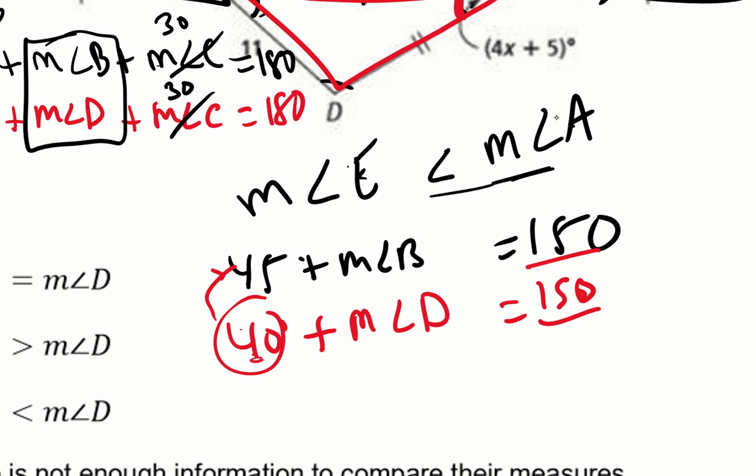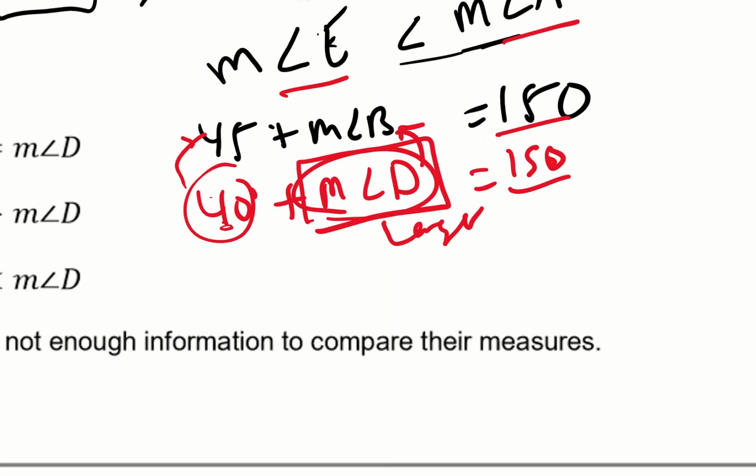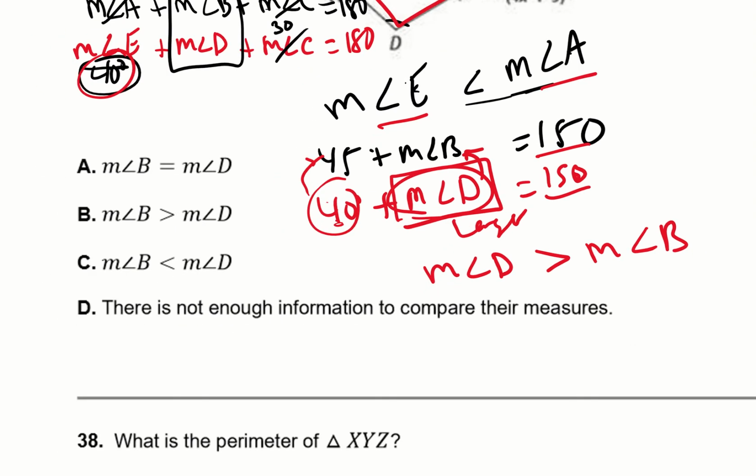So if this is smaller than the top, that means this has to be larger than B. So our argument was that because angle E is less than angle A, this implies that angle D is larger than angle B. And so we're able to show that the measure of angle D is bigger than the measure of angle B. In other words, angle B is smaller.